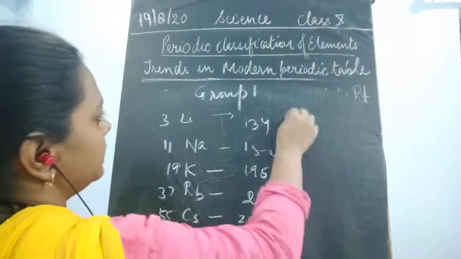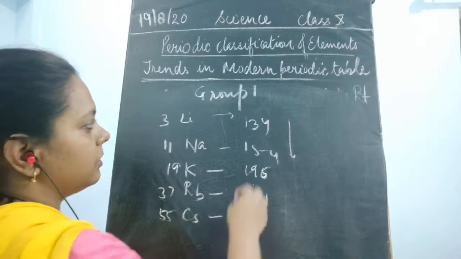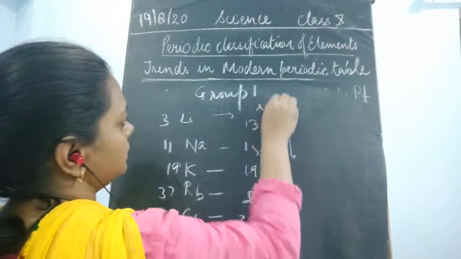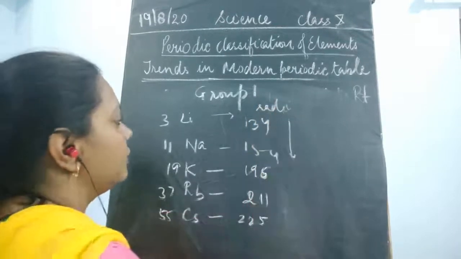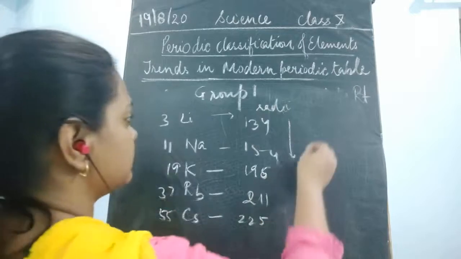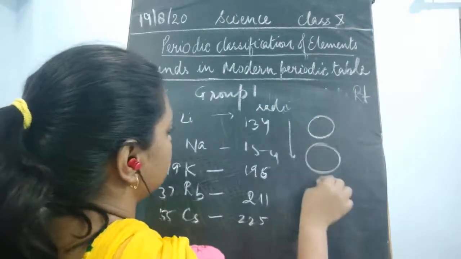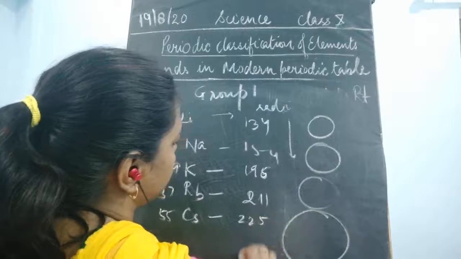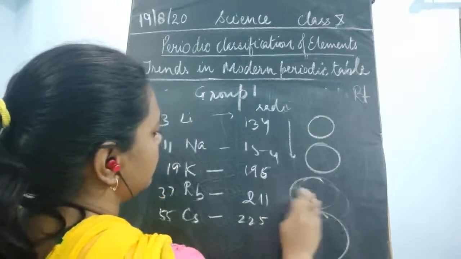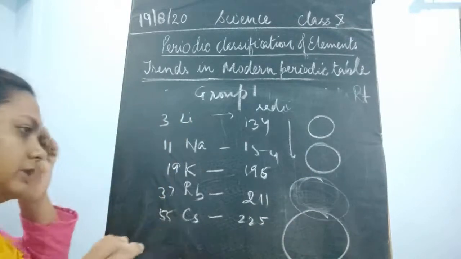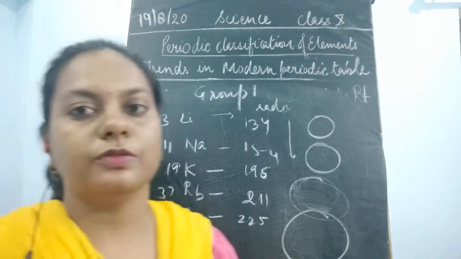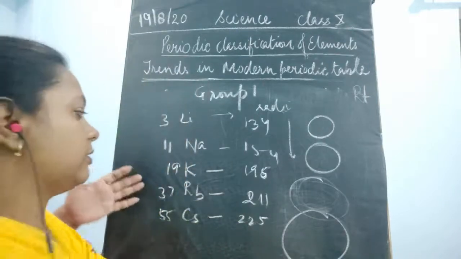So as you can see, whenever we are moving down the group, the atomic radius is going to increase. So this will be smaller and this will be the larger one. Why? Because the number of shells is also added up, because the atomic number is increasing.